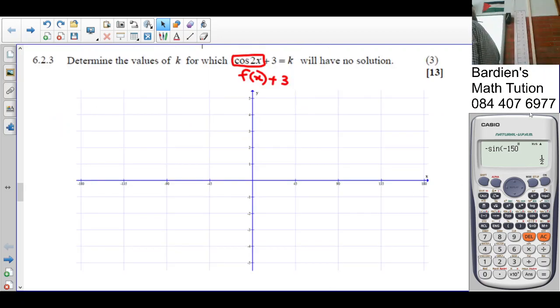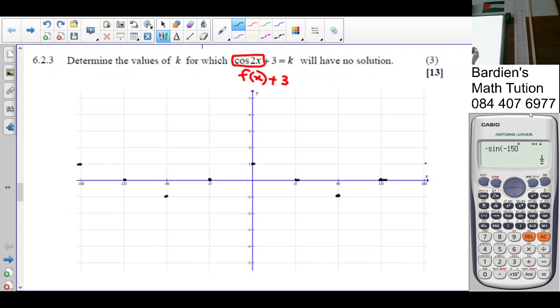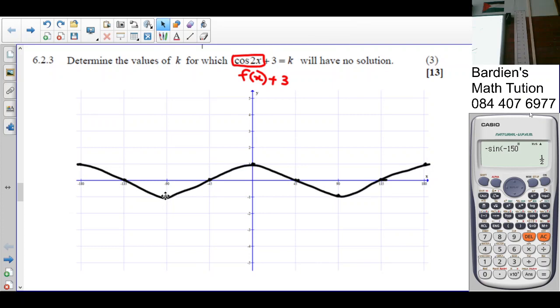Okay, so if I look at the cos 2x graph at a given interval, then the graph did this. Let me just get this right, otherwise I must redraw again. It's going to come through there, there. So this was the basic graph given to us. That was the cos 2x graph.